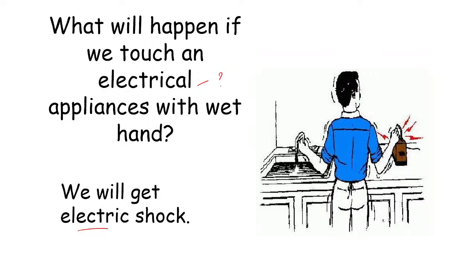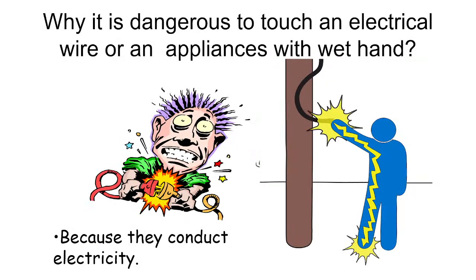But by accident, if you have touched any electrical appliance with wet hand, definitely the person is going to get an electric shock. It is very dangerous to touch electrical appliances with wet hand. But why is it dangerous? Do you know the reason?